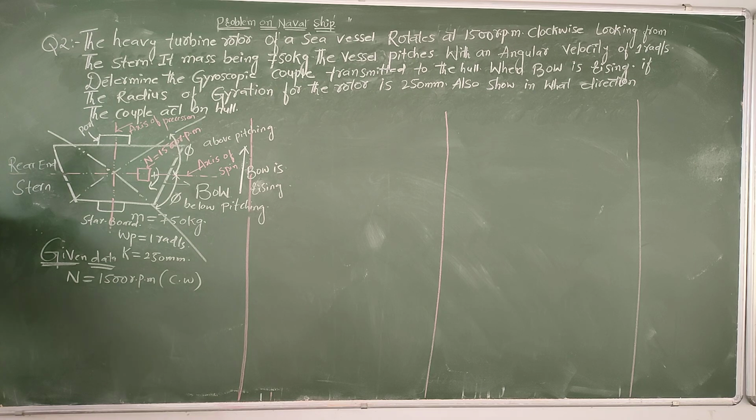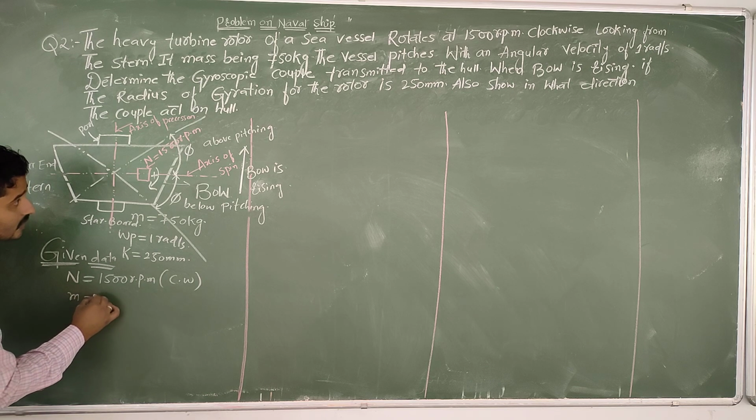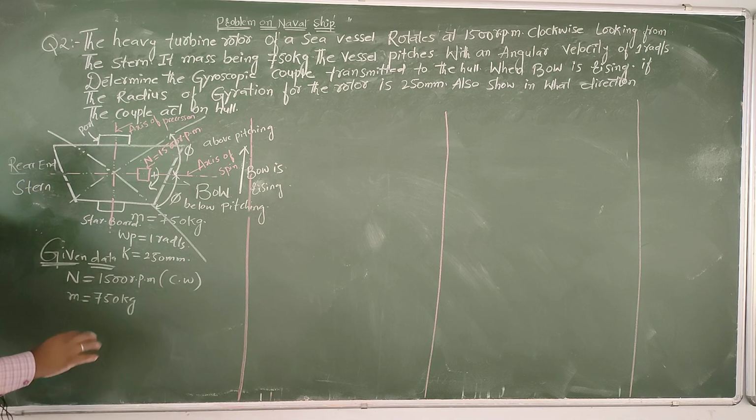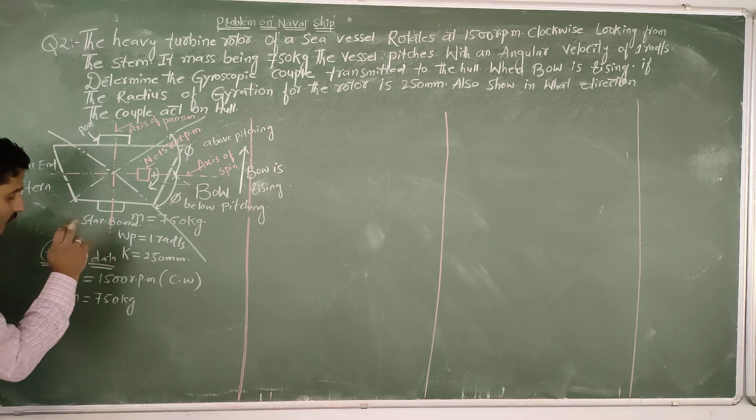The mass of this turbine rotor is given as 750 kg, so there is no need to convert this value. The angular velocity of precession is already given in this case, so there is no need to find it out.